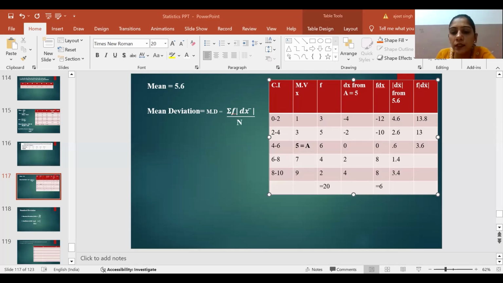Next is 3.4 multiplied by 2. That is 6.8. Now we will do the sum of all these values, right? 6.8 plus 5.6 plus 3.6 plus 13 and plus 13.8. So this is 42.8.